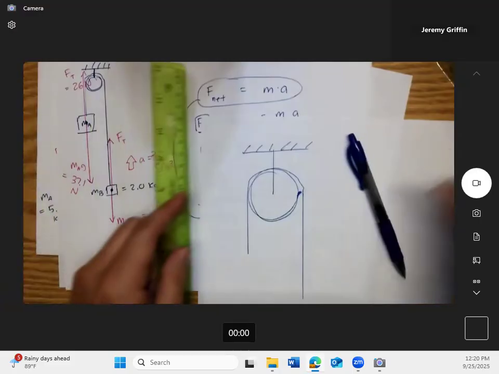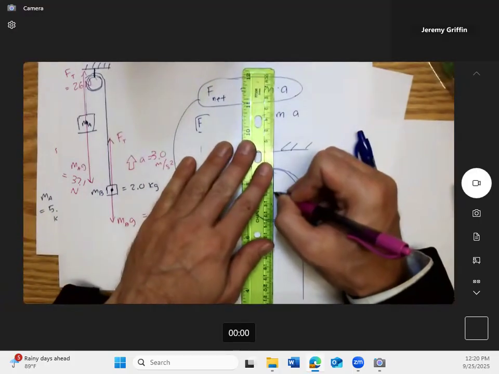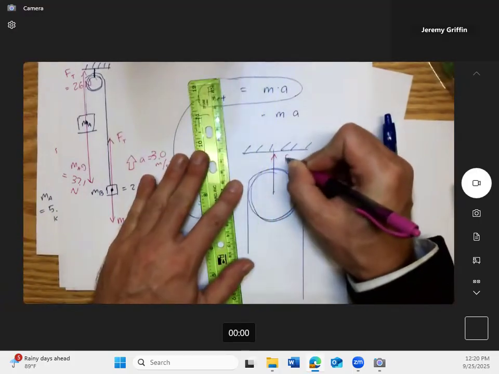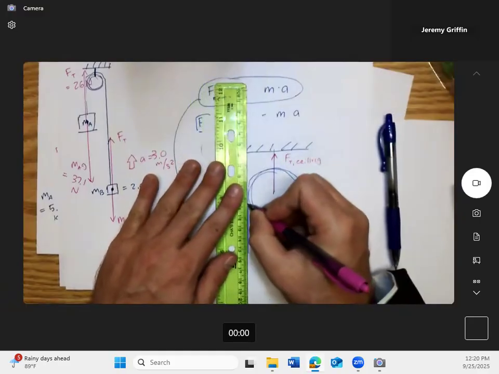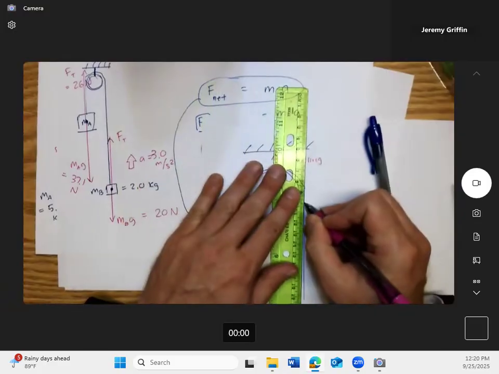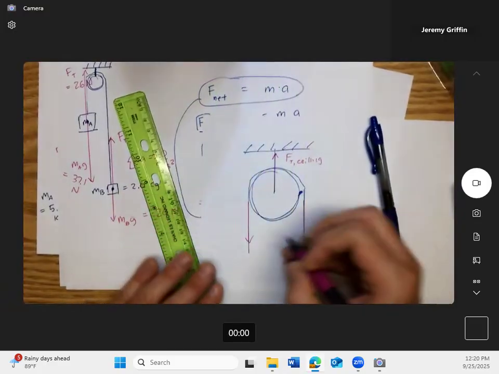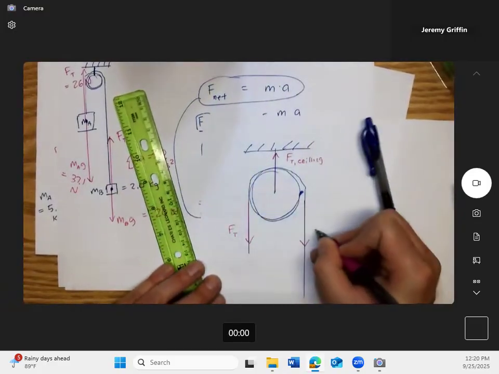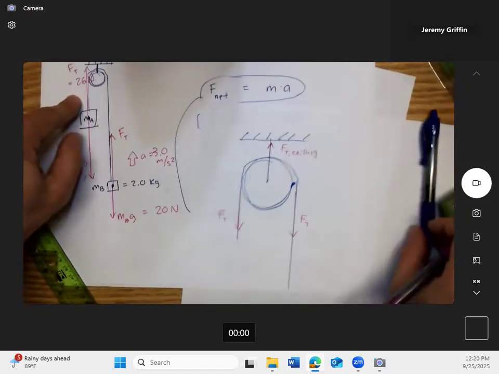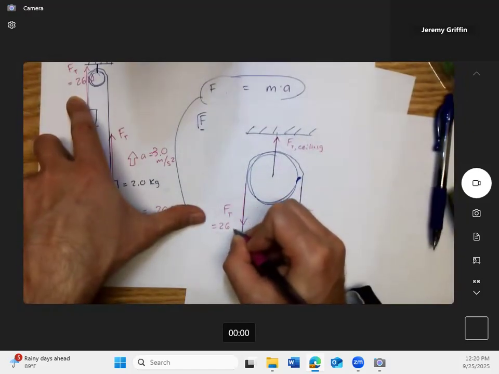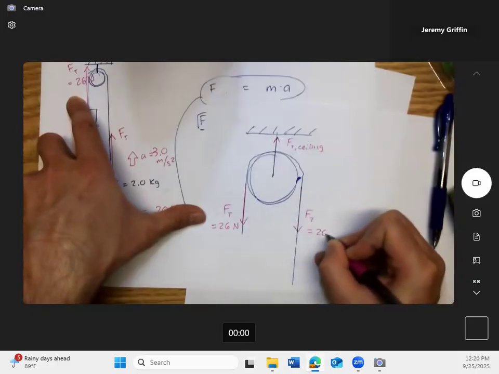What it ends up being is, if I call this F_T ceiling, and this F_T string, this F_T string is pulling here and also pulling down this way. So this is our regular F_T, which we found before to be 26 newtons. So this is 26 newtons here, and 26 newtons here.